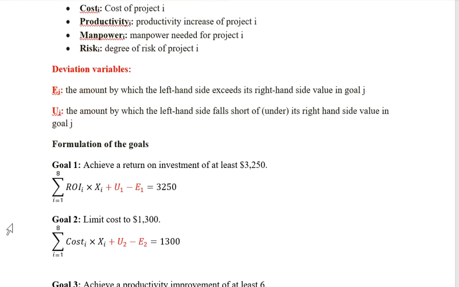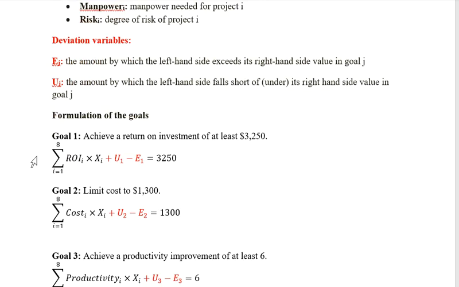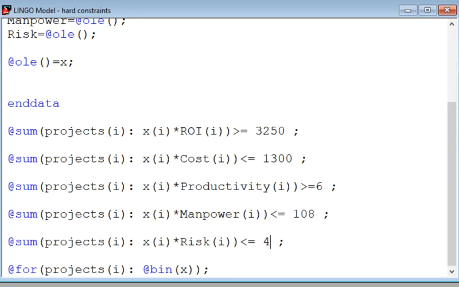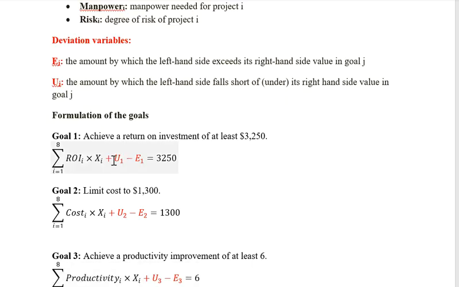Okay, so we're going to take the exact same constraints we already saw in here, and we're just going to add to each goal, to each constraint, plus U1 and subtract E1.